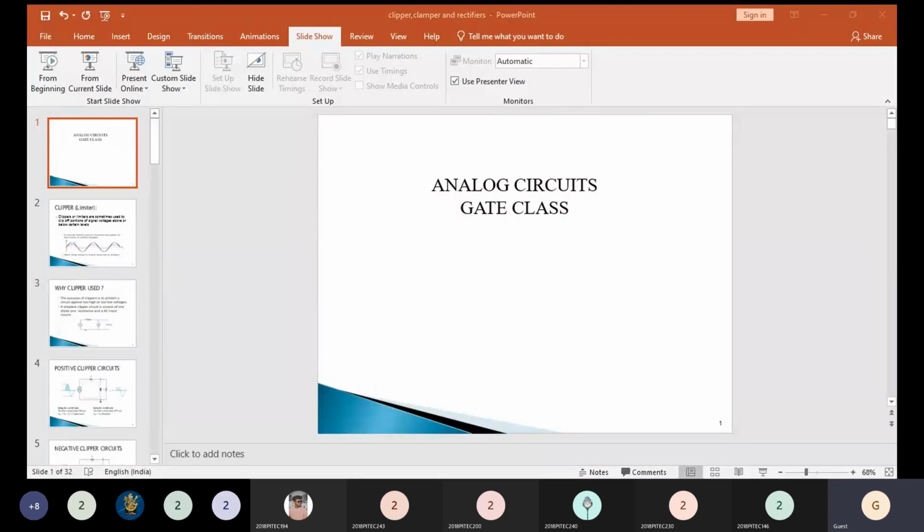So what happens to the diode? The anode is connected here and the cathode is connected to the ground. The anode has a positive value, higher than the cathode, so obviously the diode will be in forward bias, the on condition. In the on condition, the diode is a short circuit.